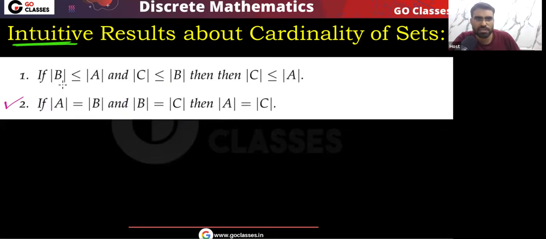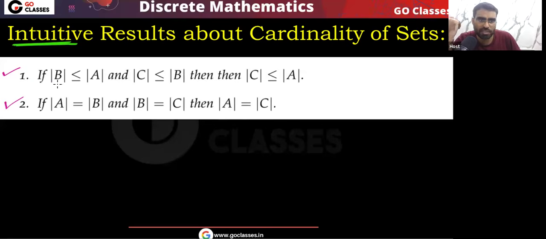So a very intuitive result. Also, what about this? This is also a very intuitive result: if cardinality of B is less than or equal to cardinality of A, and cardinality of C is less than or equal to cardinality of B, then cardinality of C is less than or equal to cardinality of A. Is this clear? Both results are very intuitive.